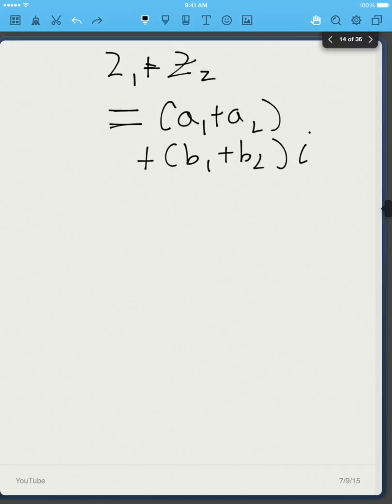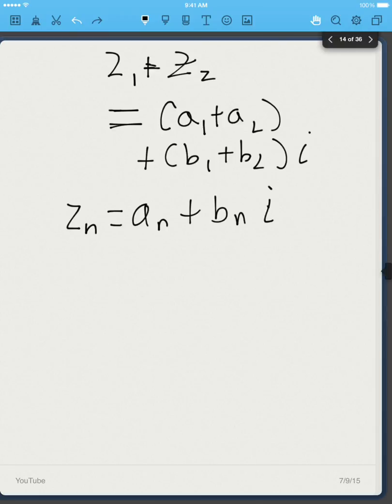And from our previous notation, we basically had that zn, some arbitrary complex number, is an plus bni.